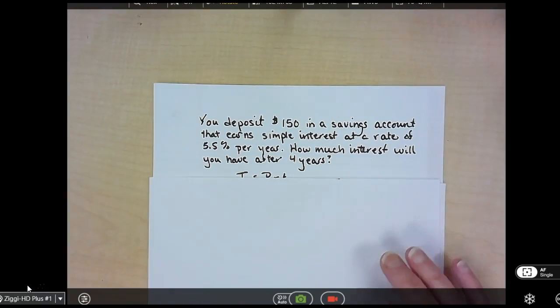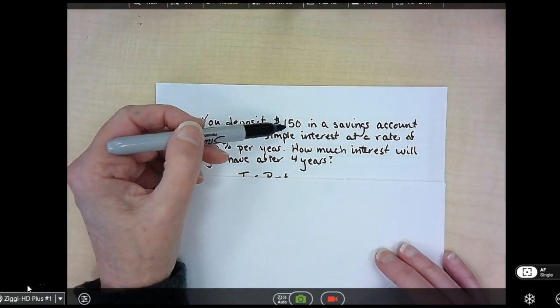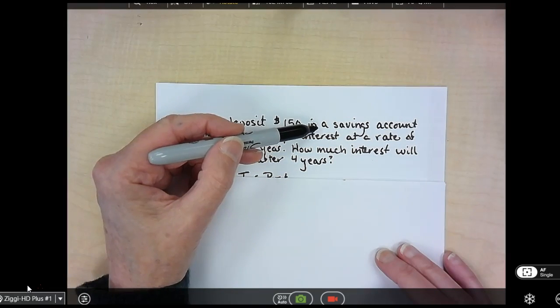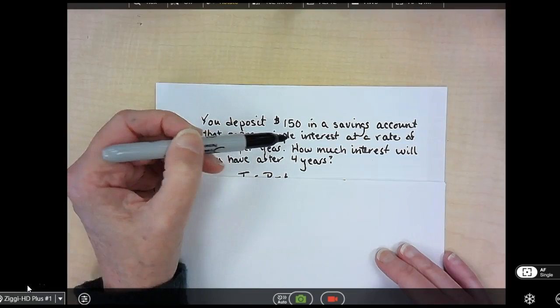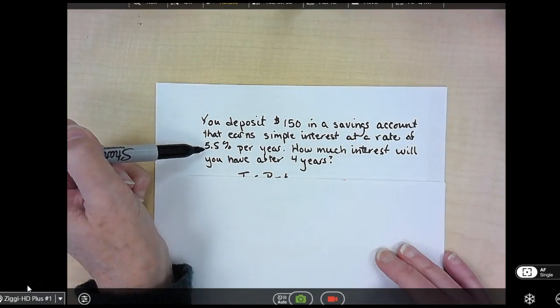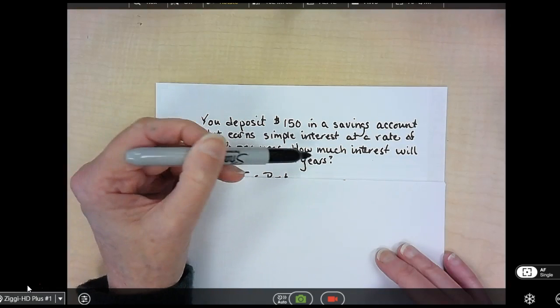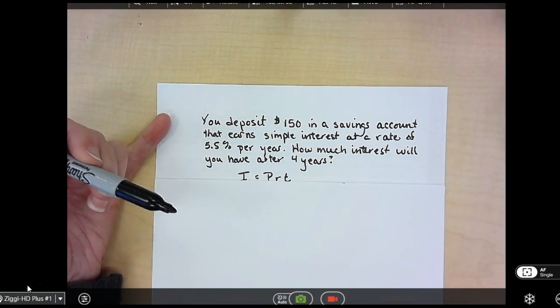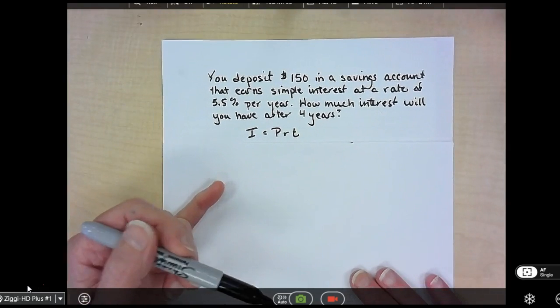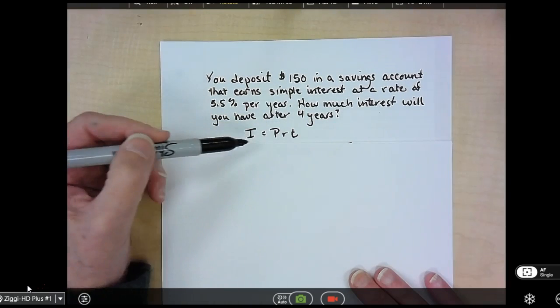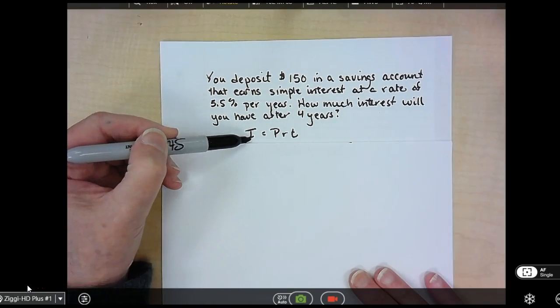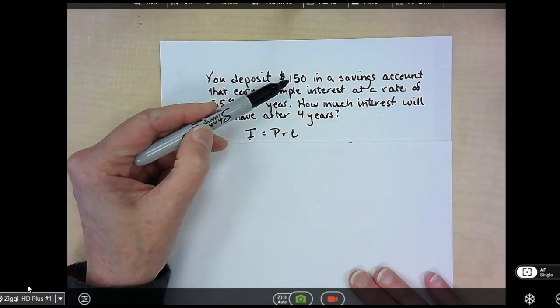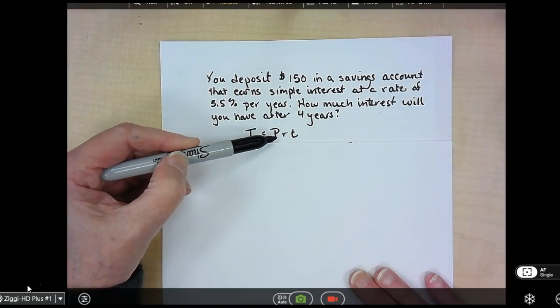All right, so you deposit $150 in a savings account that earns simple interest at a rate of 5.5% per year. How much interest will you have after 4 years? So if I look at my equation again, how much interest? So I doesn't have any information. You deposit $150 in the savings account. That's my principal.